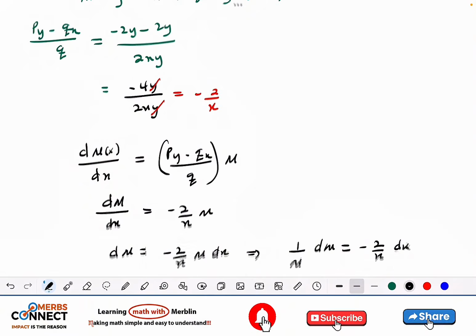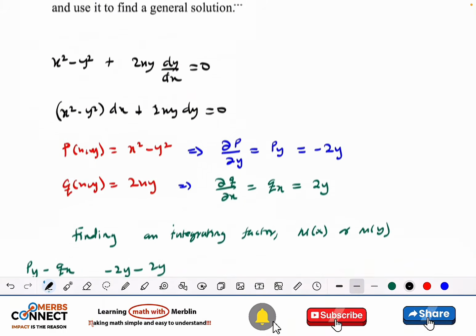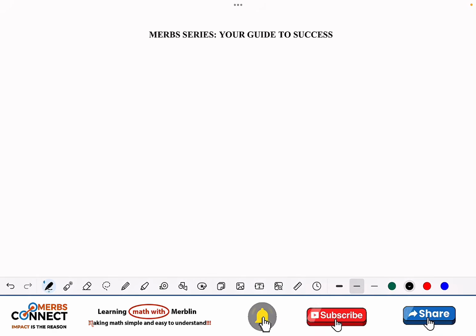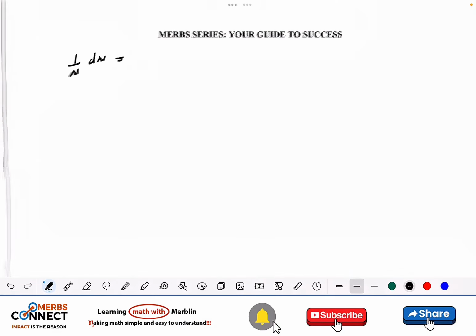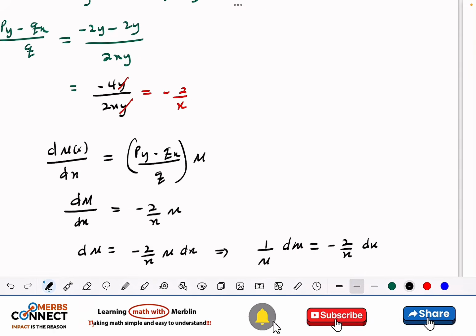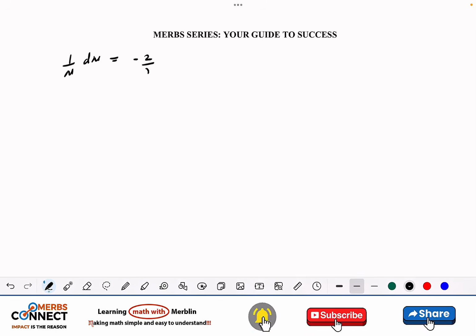So we are back to separable. So what can we do? We can just integrate. So now we have 1 over mu, d mu, which is equal to minus 2 over x dx. So let's do the integration.